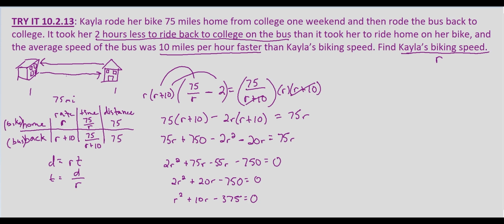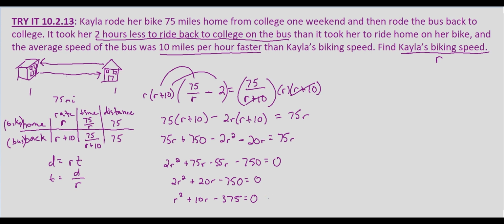So now we want to look at, since we have a leading coefficient of 1, what numbers multiply to negative 375 and add to 10. So after some trial and error, we would figure out that the two numbers that multiply to negative 375 and add to 10 would be 25 and negative 15.